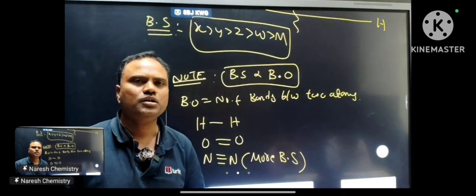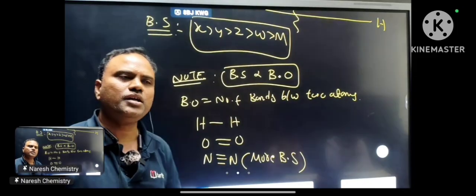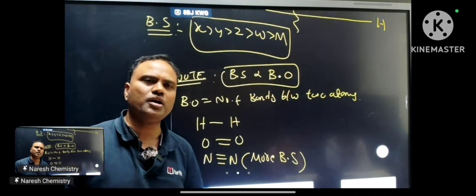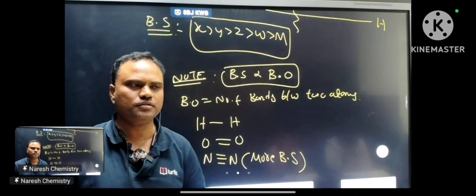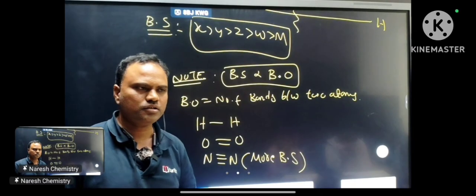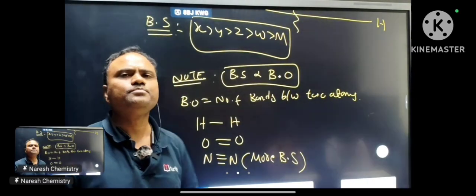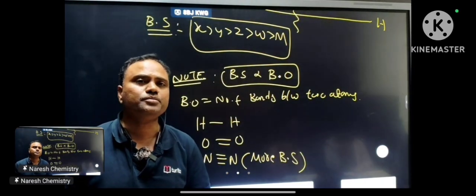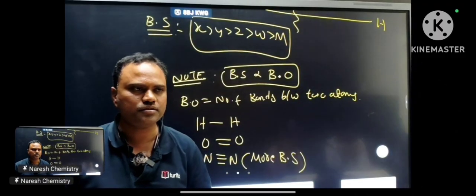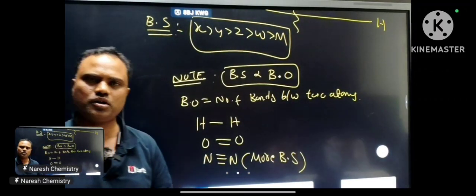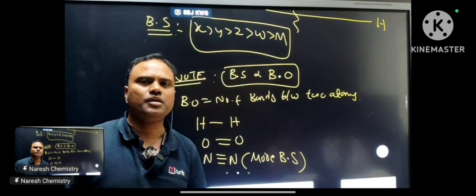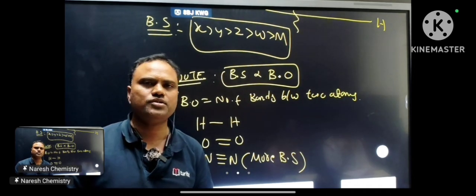Right. What are we discussing? We are discussing bond parameter. Which bond parameter? Bond length. See, another important topic is resonance. You know resonance already in organic chemistry, but in chemical bonding also we have a resonance topic.